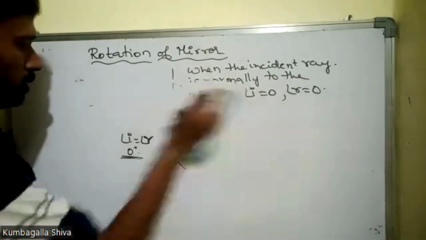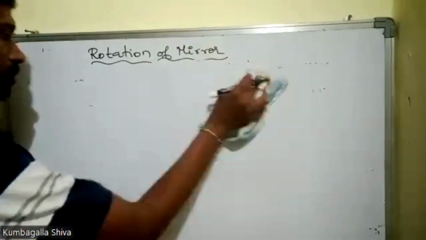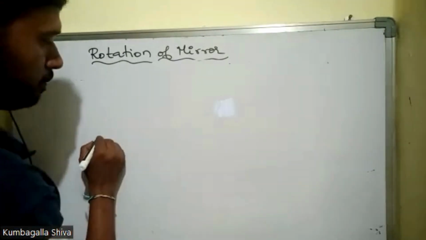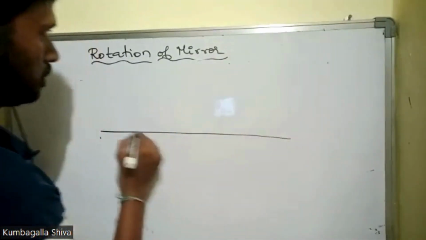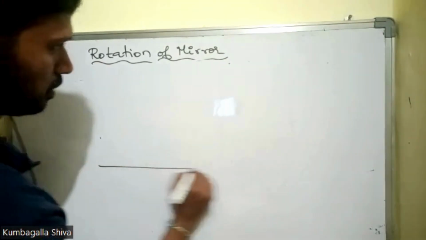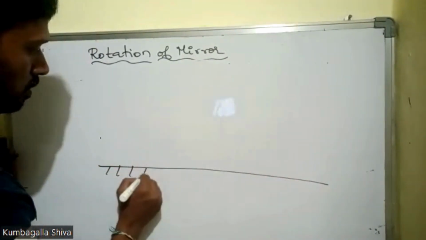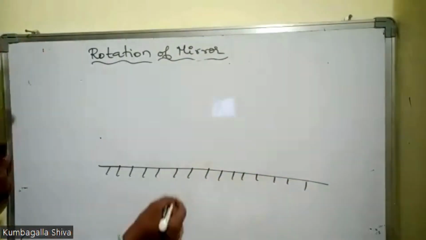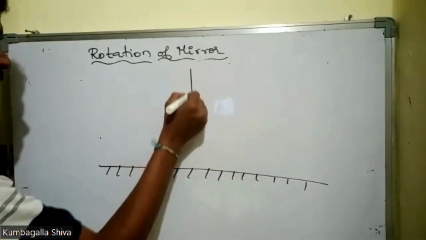Next one is the rotation of the mirror. Now see here clearly. This is a mirror, and this is the normal.